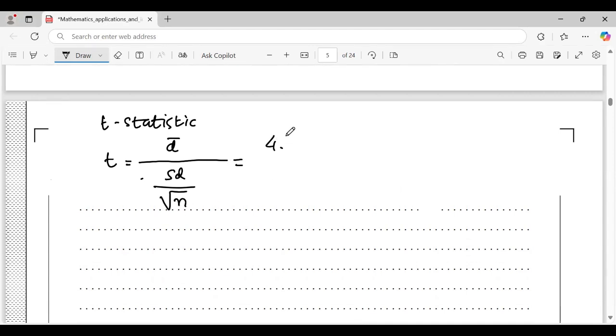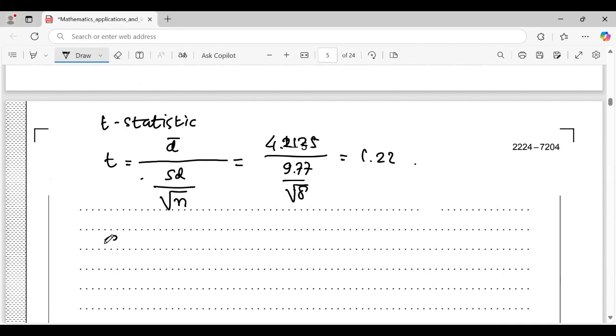This is 4.2125 divided by 9.77 divided by square root 8. This number I have calculated. The result is 1.22.